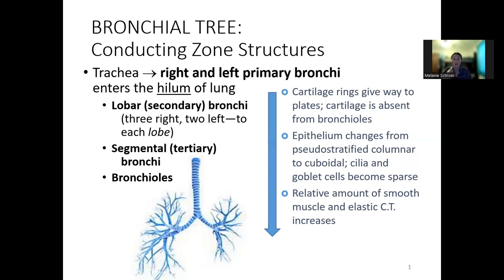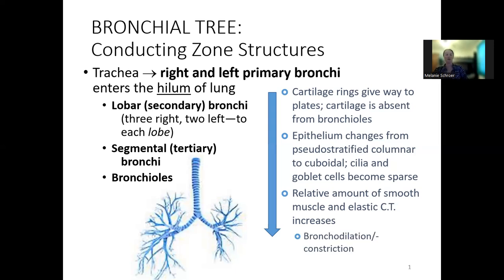So where we're going with this is our sympathetic versus parasympathetic nervous systems can produce opposite responses as usual. We can open our airways and let tons of air into our lungs and therefore oxygenate our blood more so we can run away from the bear, or we can close our airways off a little bit. We don't need that much air if we're just sitting here watching this video. So the amount of smooth muscle increases as we get to the end of the tree.